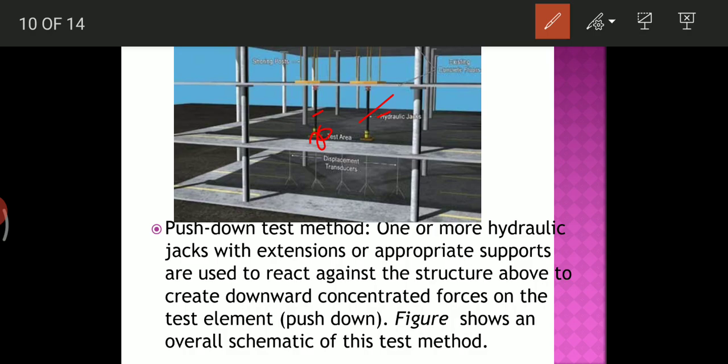The load is coming from the top; the reaction load is taken from this straight element, and this reaction load is transferred in the downward direction to this member, and the load is acting on this member. So this is the push down method.